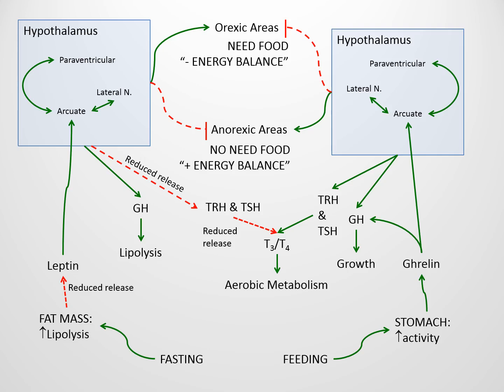Based off of the stimulation of the orexigenic areas and the anorexigenic areas, we're going to get a change in the pituitary release of growth hormone and TSH. The change of growth hormone and the change of TSH is going to affect the basal metabolic rate and the aerobic metabolic processes of the body.